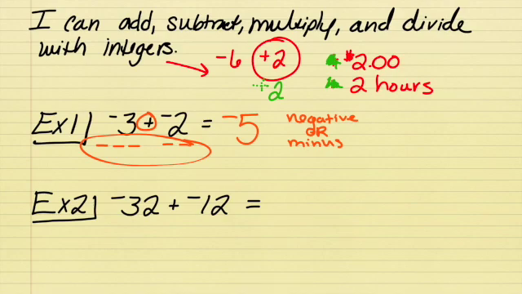So you could think of it as, hey, they're both negative numbers, so I can just combine them. So 32 plus 12 is 44. And since they're all negatives, it would just be -44. You would literally have 44 minus symbols if you drew them all out.